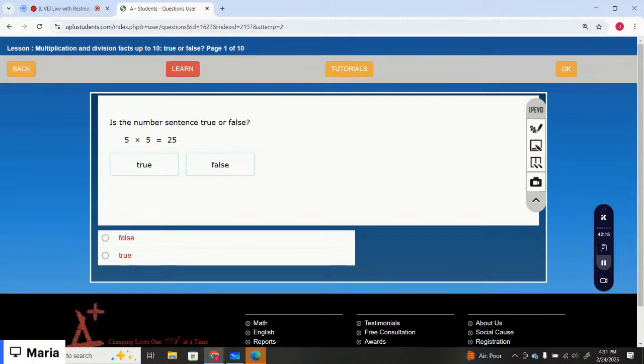Is the number sentence true or false? 5 times 5 equals 25.